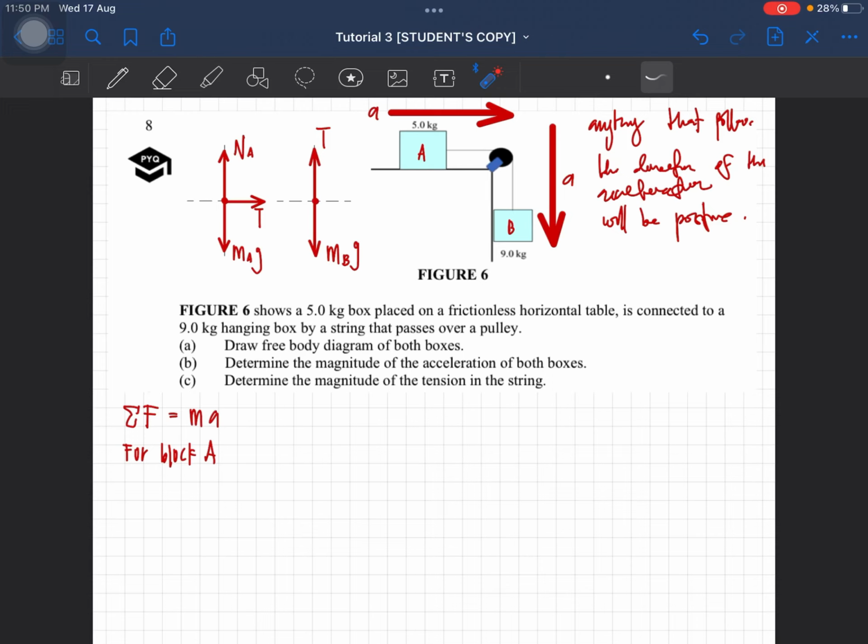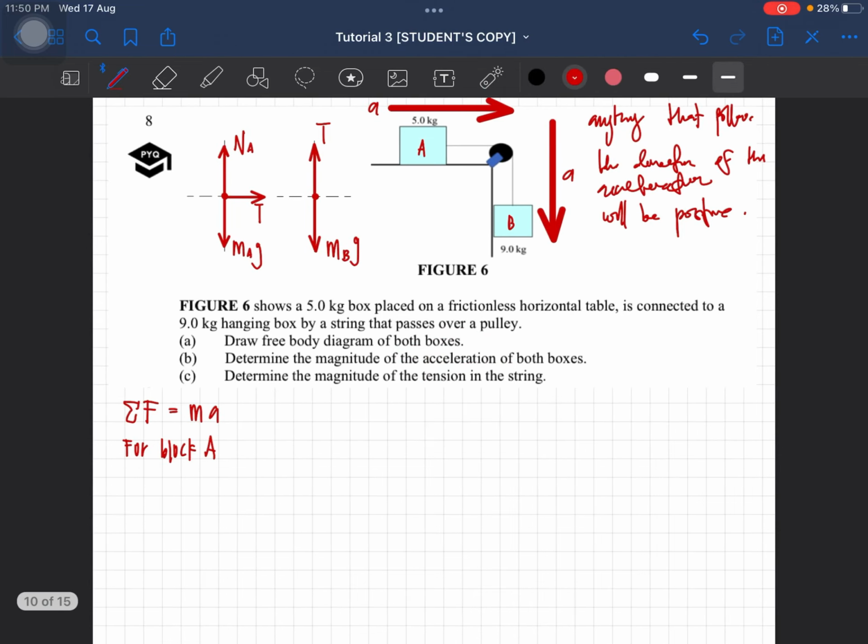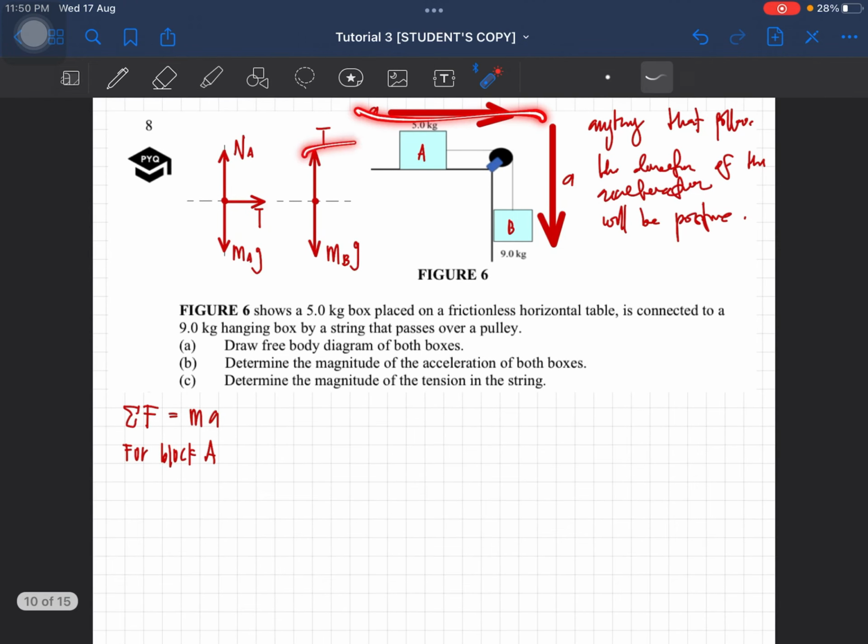Sometimes we need the y component if we need any other data, but now we just need to find the acceleration. The acceleration is only happening in the x component, because it moves to the right. It is not moving upward. So we apply it for the x component.